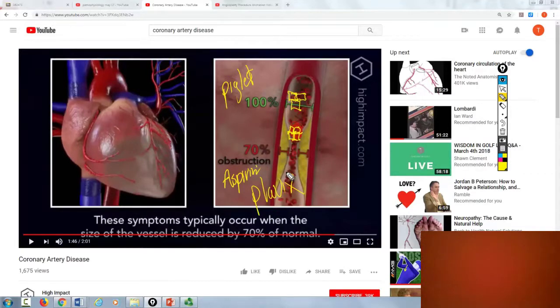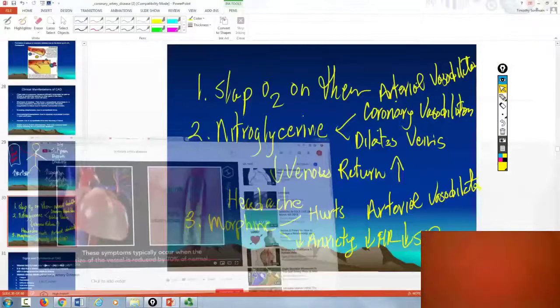And if it's really severe, doctors will try some really heavy-duty anticoagulants like Coumadin. Those are pretty rare. If you're taking Coumadin to prevent a heart attack, then there's other things going on. But what you really want to do is prevent those platelets from sticking together. So in the emergency room, they will be given aspirin.